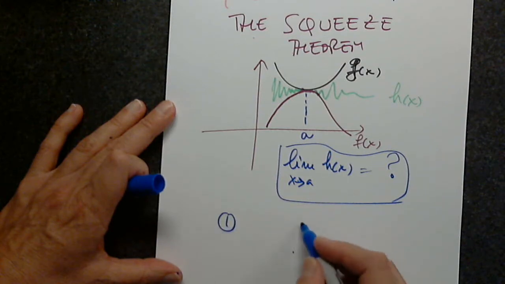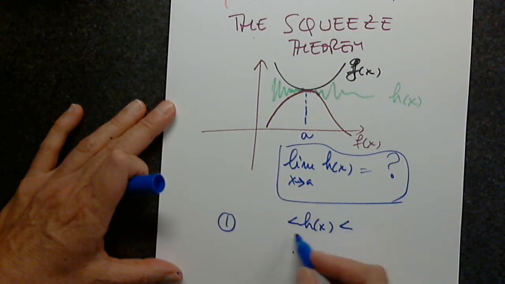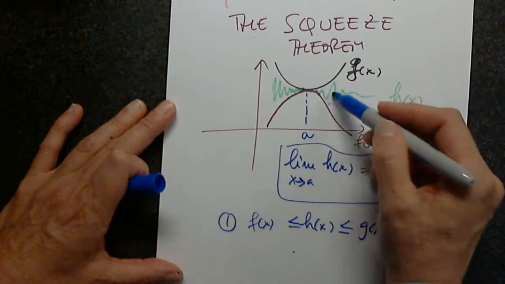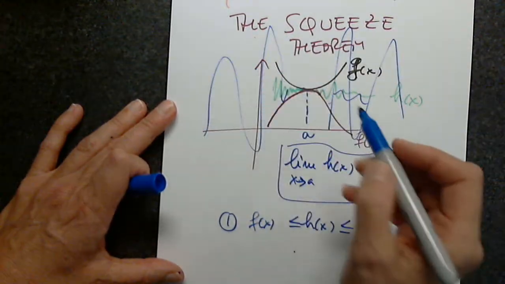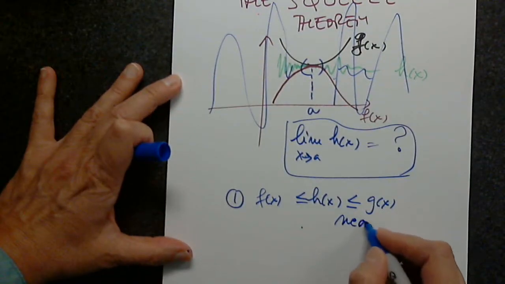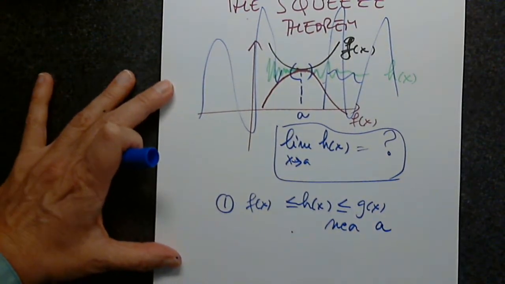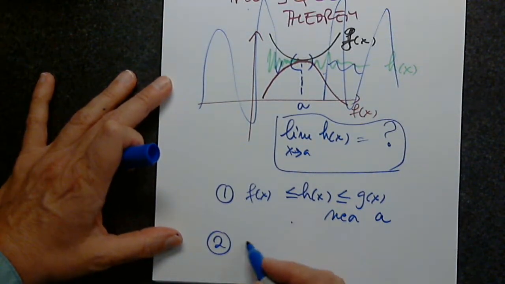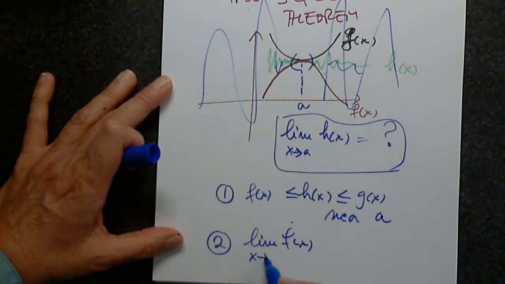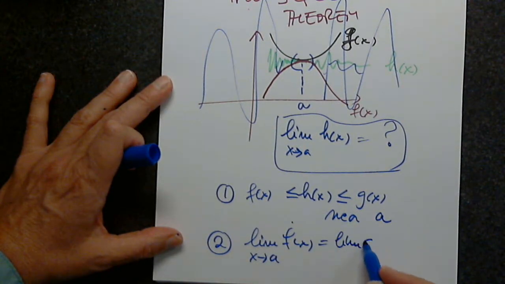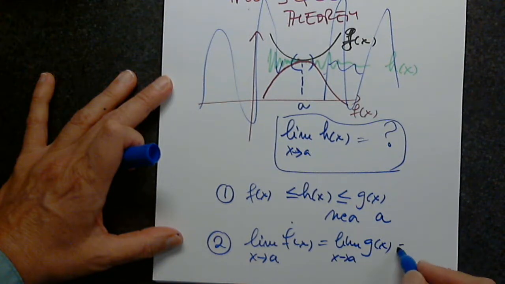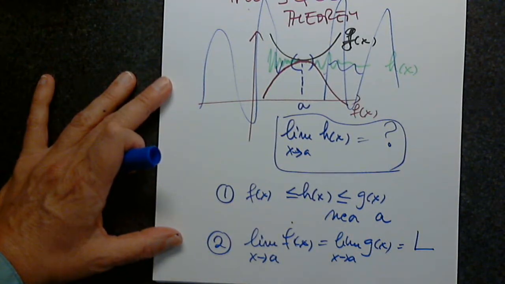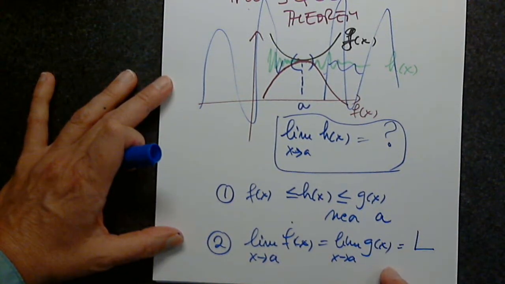If we manage to show that h of x is squeezed between f of x and g of x, we don't care what happens here. It can do this. But near a, h of x is squeezed between those functions. And number 2, the limit of f of x as x approaches a and the limit of g of x as x approaches a exist, and they are the same number, let's say L. These are the two hypotheses of the Squeeze theorem.